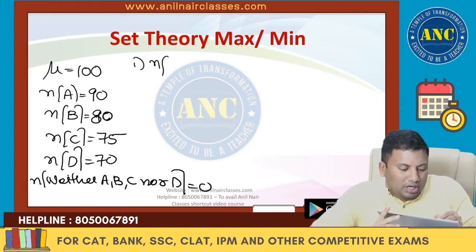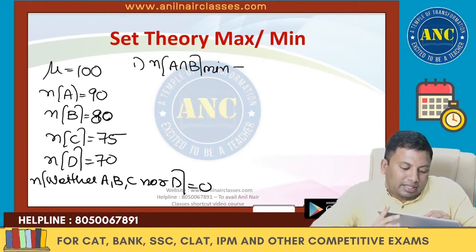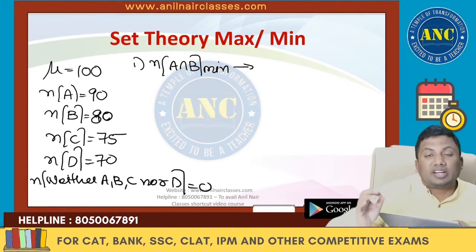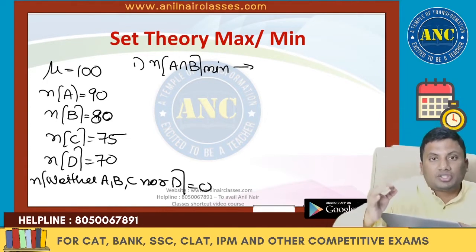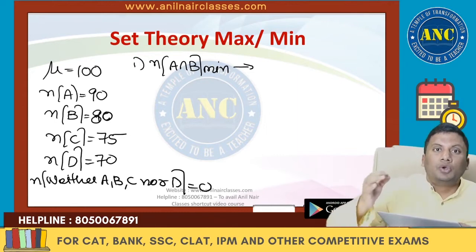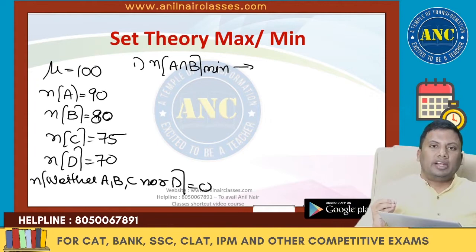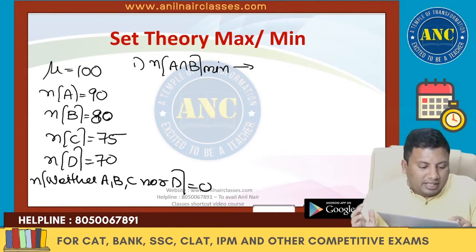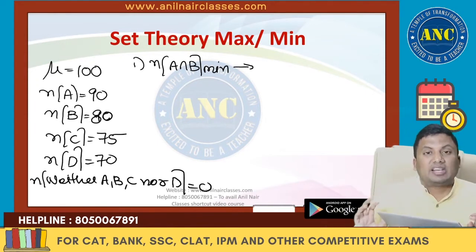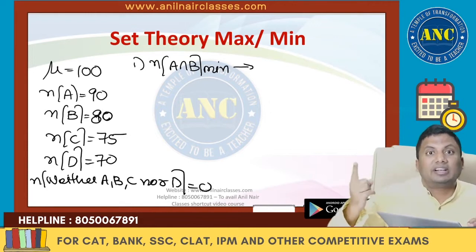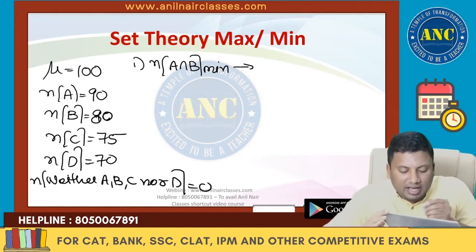First question, N of A intersection B minimum. Intersection minimum means union is maximum. Union is maximum, that means sets should be disjoint. Make the values separate. 90, 80. If I separate, 170. 170 is how much more than 100? 70.